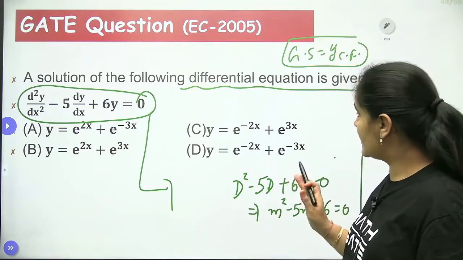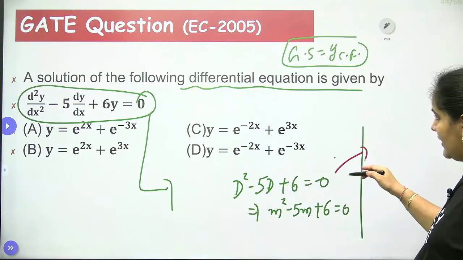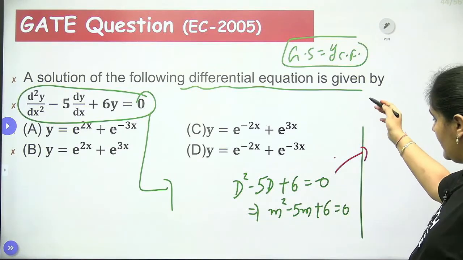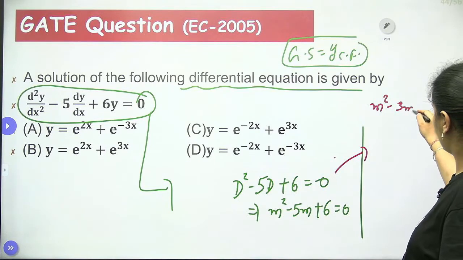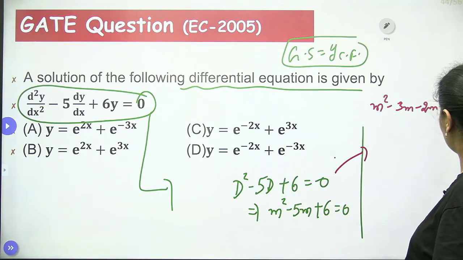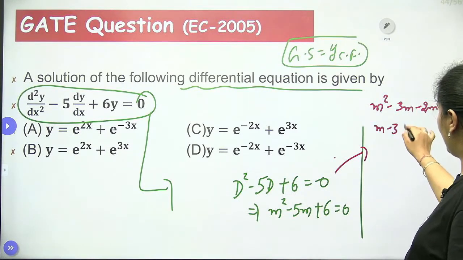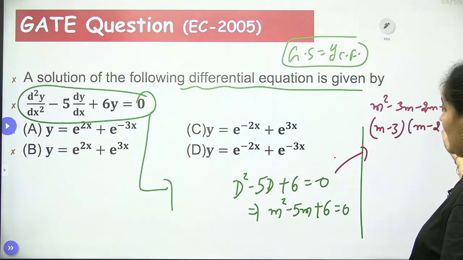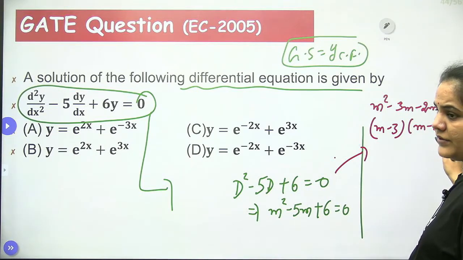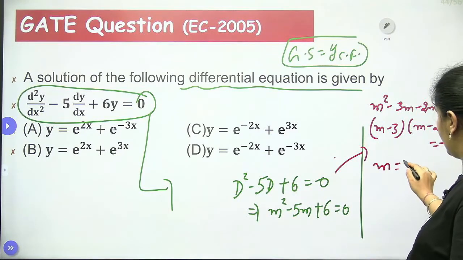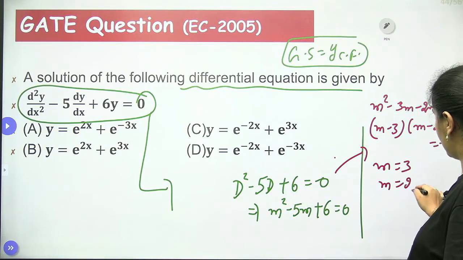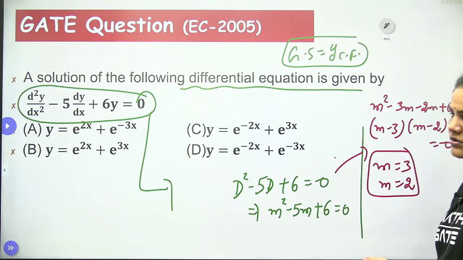We already did this question in the example, but okay: m square minus 3m minus 2m plus 6 is equal to 0. It will be (m minus 3)(m minus 2) is equal to 0, and so m is equal to 3 and m is equal to 2, guys, right?